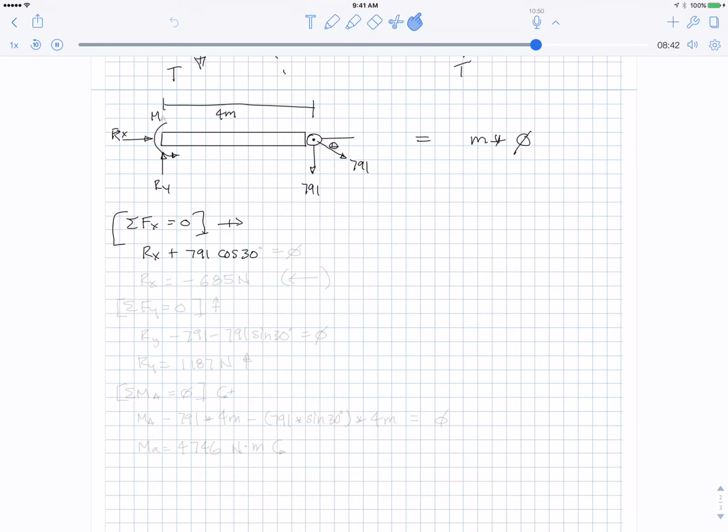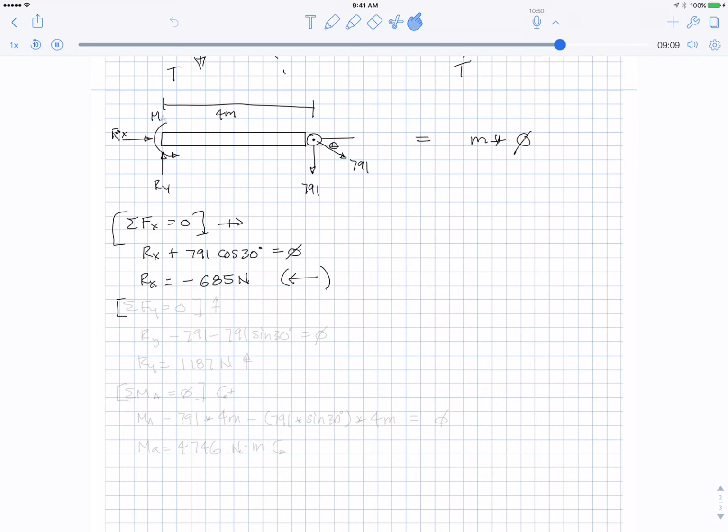You get Rx equals minus 685 newtons, which means I guessed the wrong direction. It's actually going away, and then if you look at the picture, it's obvious the cables are pulling, so the reaction should be back into the wall.